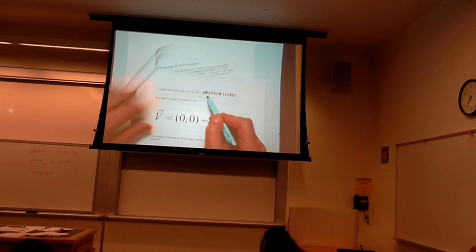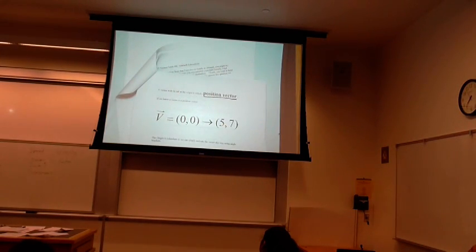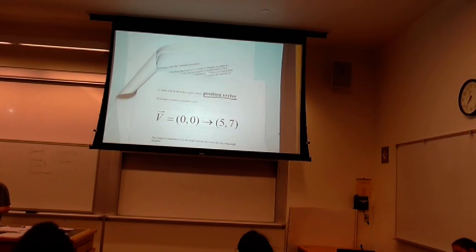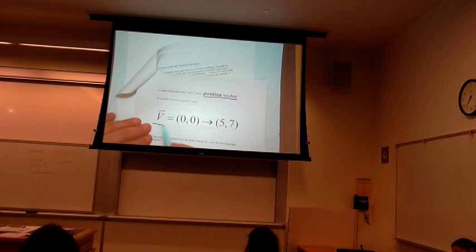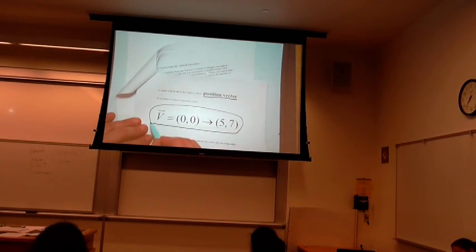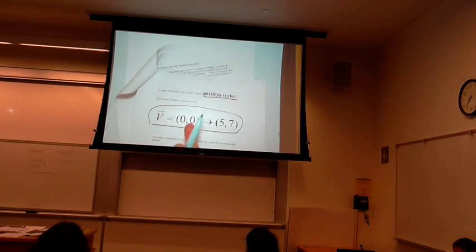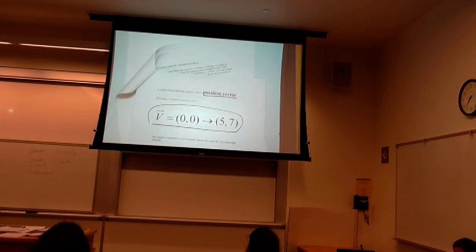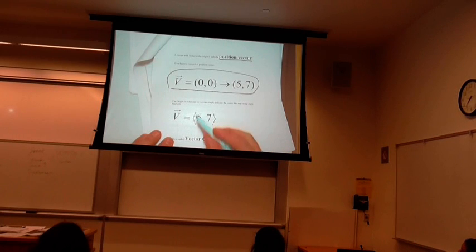We have a name for this. This is called a position vector. I'm going to put it out here. Position vector, a vector that starts at the origin. Right? So if I have a position vector, V, the 0, 0 is redundant, and I will write it this way. I will use angle brackets to represent it.